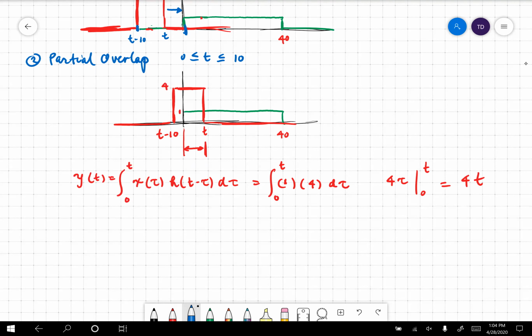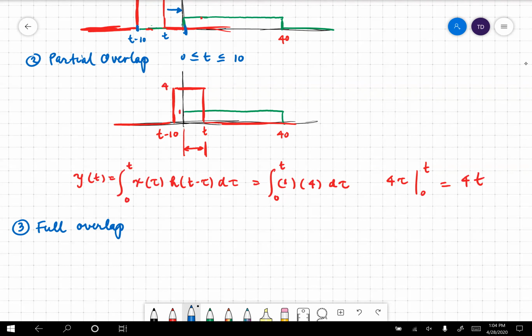Third region, full overlap. They don't always work like this. What could happen is we could go from partial overlap right into partial overlap. You don't always necessarily have full overlap.